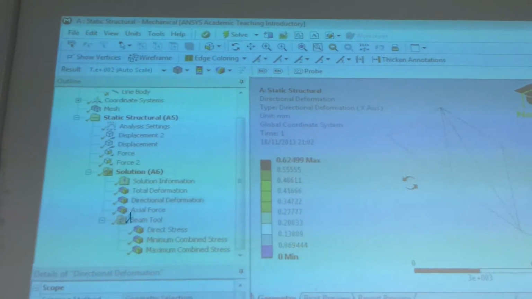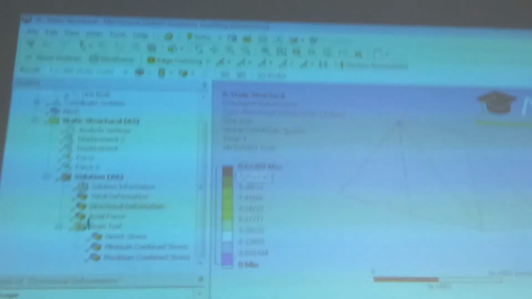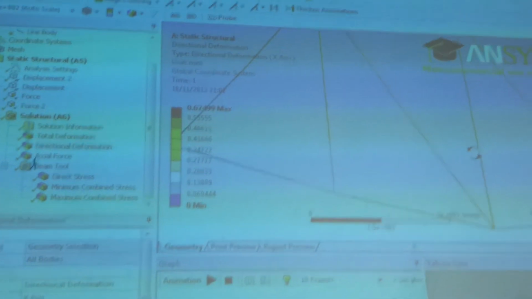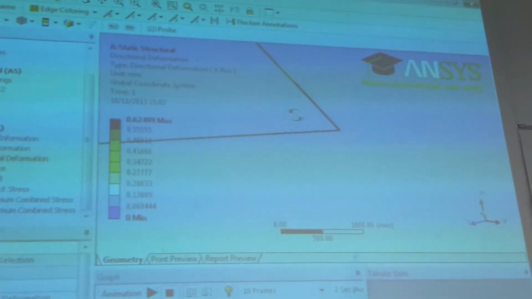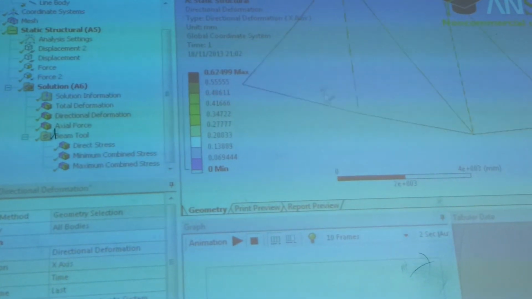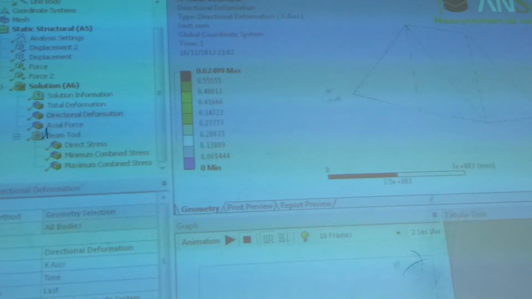So we have a deformation here, maximum deformation, in the x-axis, that means at this point here, horizontally 0.6 millimeters, and on the other side it's 0 because it's the principal point.